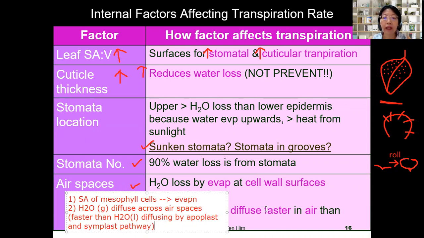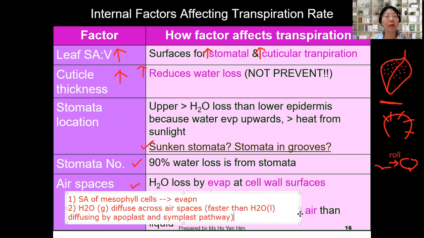So the diffusion of water in the liquid form is definitely slower than the diffusion of water in the gas form, because water in the gas form has higher kinetic energy. So therefore, movement of water through the cells by the apoplast and symplast pathway is slower than movement of water vapor through the air spaces.